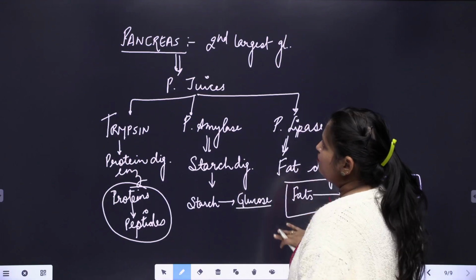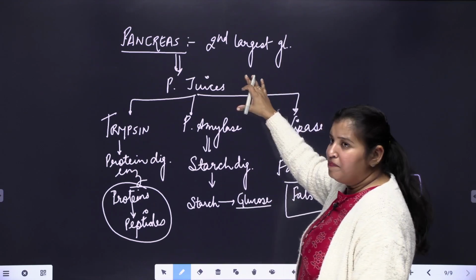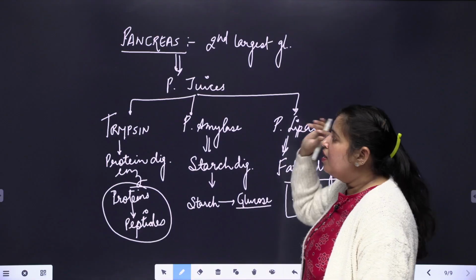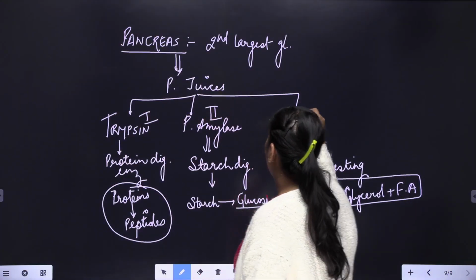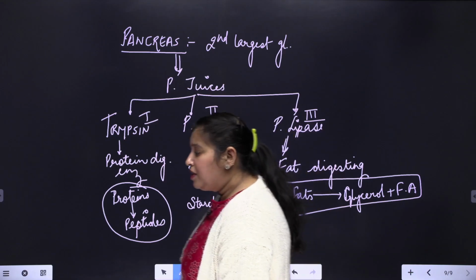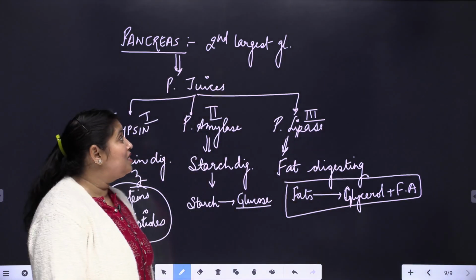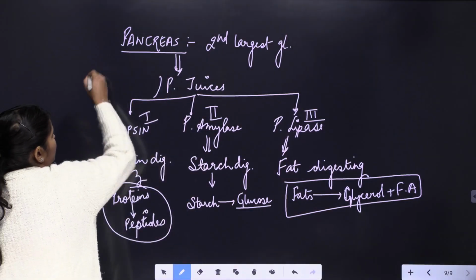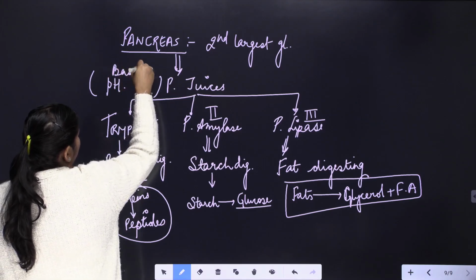So, this is all about the pancreas. You should know the pancreas is the second largest gland, secreting pancreatic juices comprising trypsin, pancreatic amylase and pancreatic lipase. And please remember, for this purpose only the bile juice was secreted, because these enzymes work in basic pH.